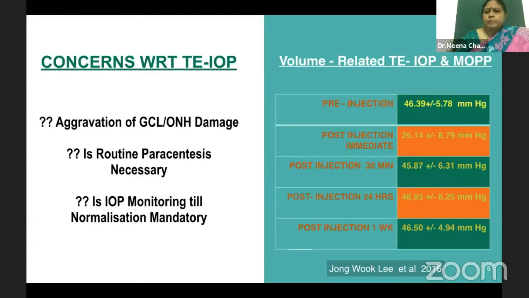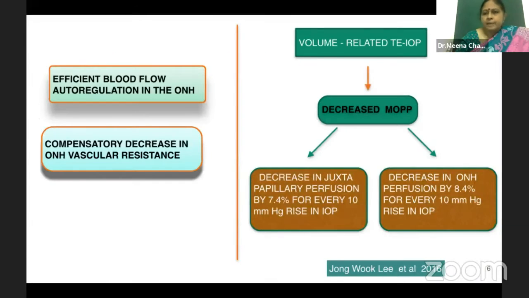If we look at the volume-related transient elevation of intraocular pressure and the mean ocular pulse pressure, you will see from the slide that there is a sudden drop in the mean ocular pulse pressure immediately following the injection. This usually translates to a decrease in the juxtapapillary perfusion pressure by about 7.4% for every 10 millimeter of mercury rise in pressure, and also about an 8.4% reduction in the optic nerve head perfusion in this transient period, when the IOP is very high.